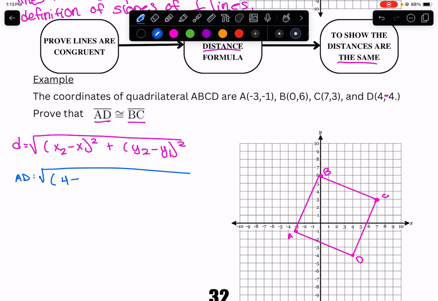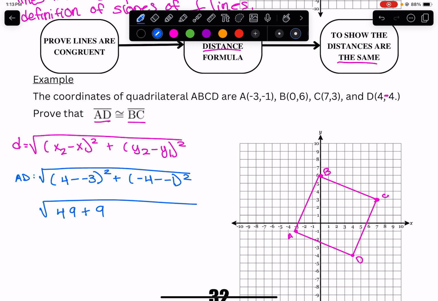So 4 minus negative 3 squared plus negative 4 minus negative 1 squared. So that's going to give me 49 plus 9, which is the square root of 58.